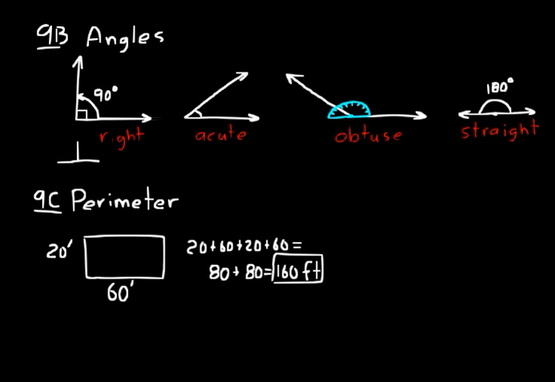Now on this type of a problem, I think the units are just as important as the numerical answer. Like if you went to the store and you said, well, I need some fencing for my yard, and they said, well, what's the perimeter of your yard? And you say 160, and they give you 160 yards of fencing. They think you meant yards. You're going to pay a lot more. You're going to have all this extra fencing left over that you have to go back and return, and it's just a big pain.